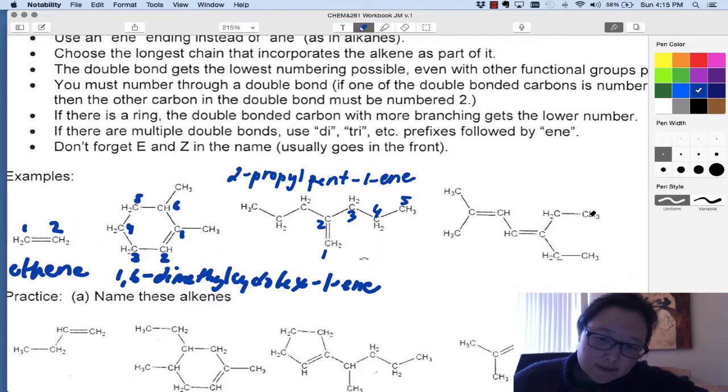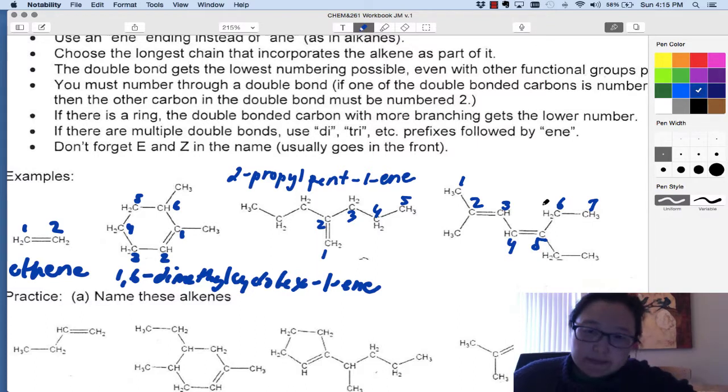And when you do this, you find the longest chain incorporating both double bonds gives you a heptene, but it's a diene, so it's a heptadiene. And then the branch is just going to be this 2-methyl. So 2-methylheptadiene, but with all these carbons, we have to say where the double bonds are. So we have to say 2-methyl, 2,4, because it starts at 2 and it starts at 4, heptadiene.